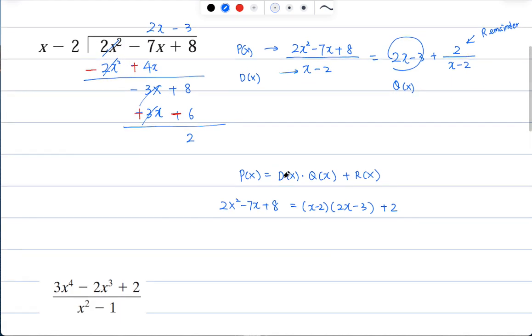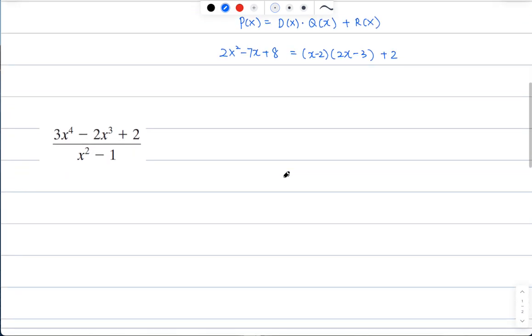Okay, let's look at the next question. 3x to the fourth power minus 2x cubed plus 2, divided by x squared minus 1. What we need to be careful about is that we see the fourth power, then x cubed, and no x squared or first power, going directly to the constant value.